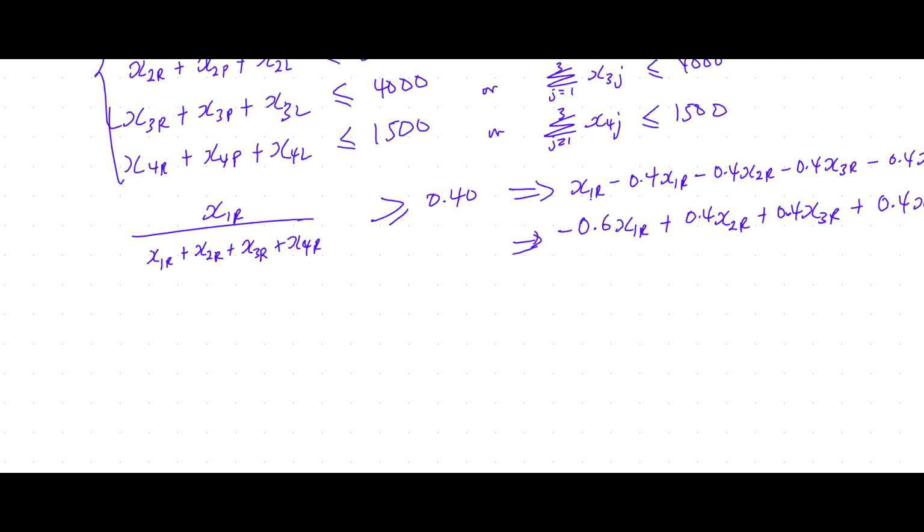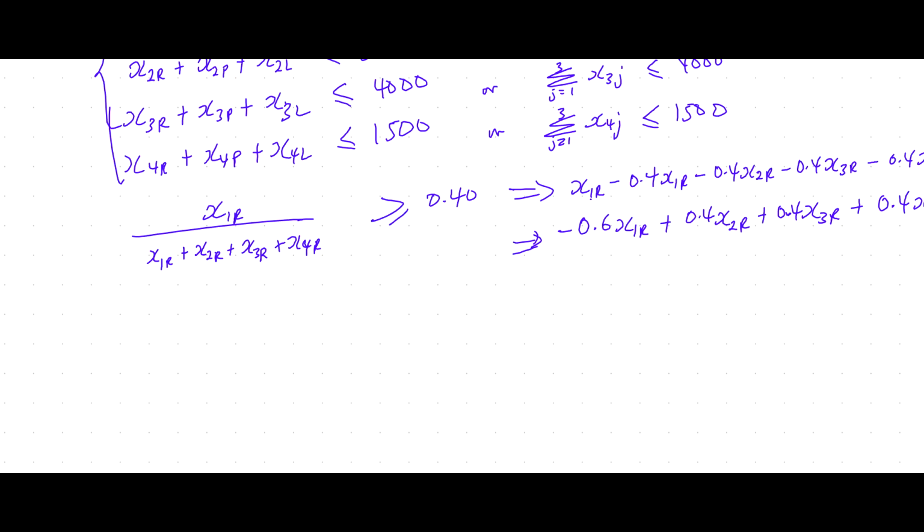All right, so the second constraint says that component 2 in regular should not be more than 20%. Should not be more than 20% means that it should be less than 0.2.